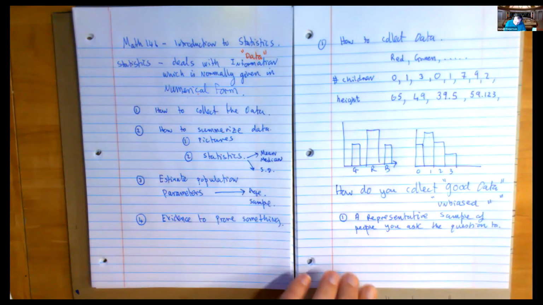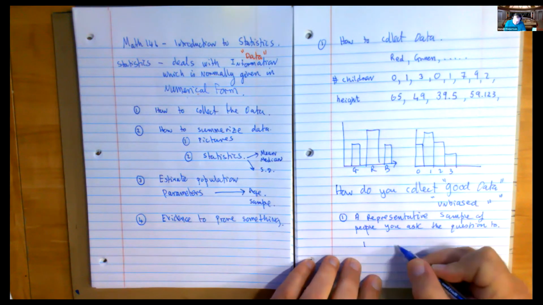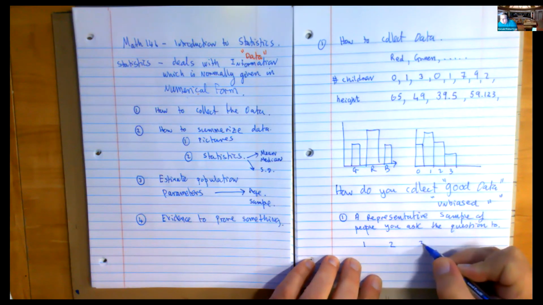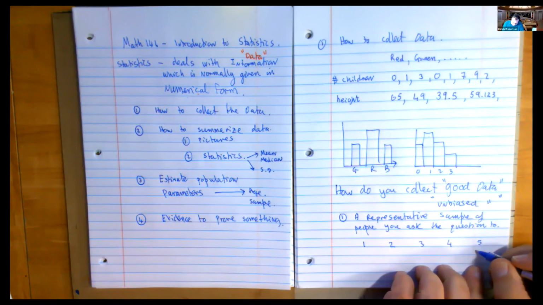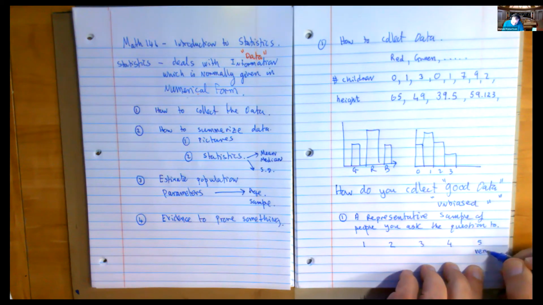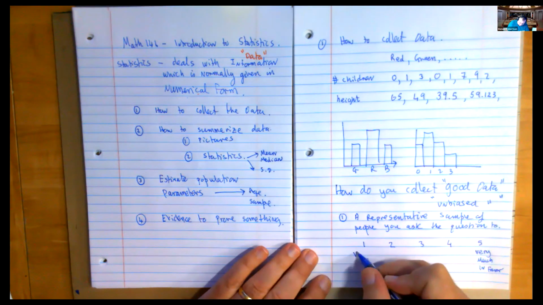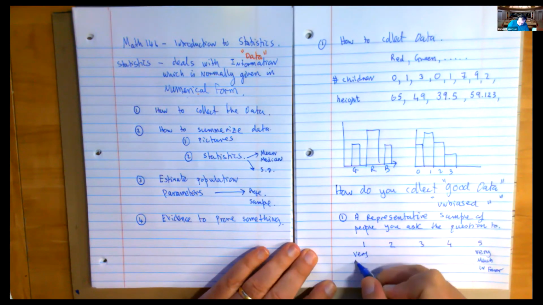The typical scale is a 5-number scale. And on this side, you're very much in favour, and at this side, you're very much against.